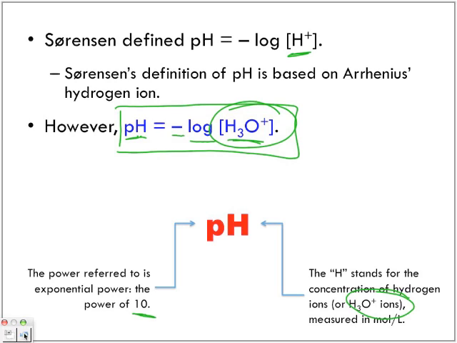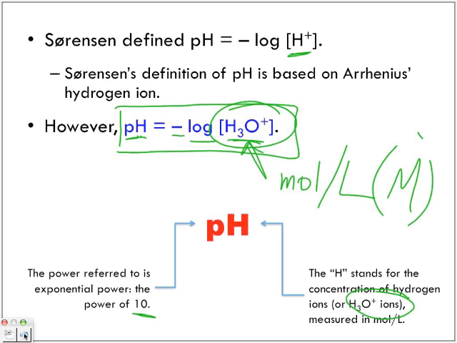So what we're looking for is the actual concentration of the hydronium ion in moles per liter, or capital M, molarity.